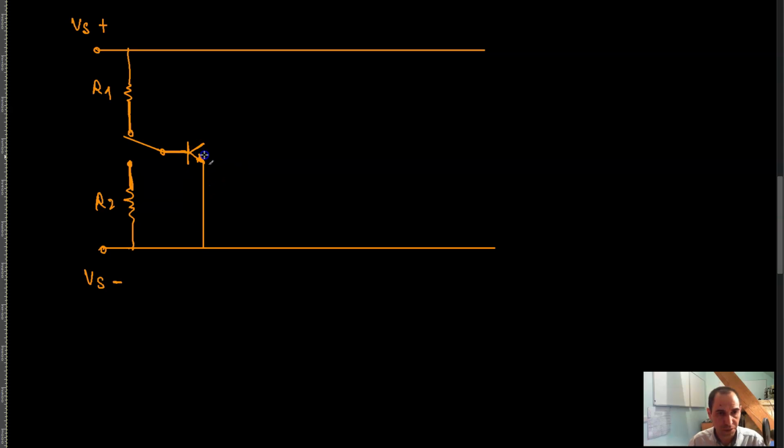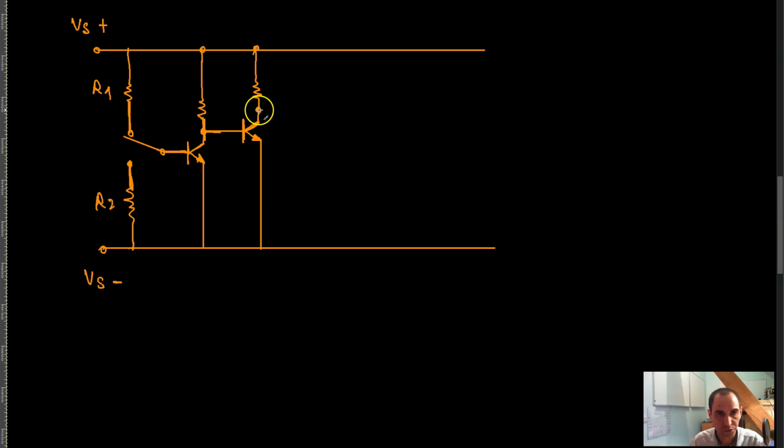The emitter of the transistor goes to the ground, the collector goes through a resistor, and then goes to the positive rail. Now, the voltage that we have over here, we take and give it to the base of another NPN transistor. Again, the emitter goes to ground, and the collector goes through a resistor to the positive rail.